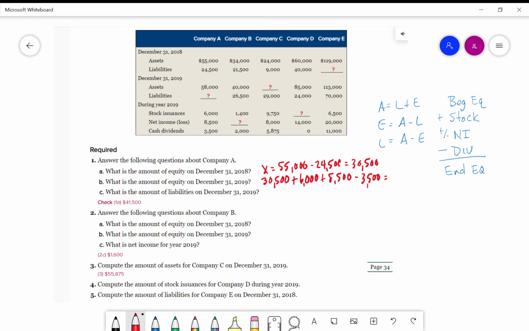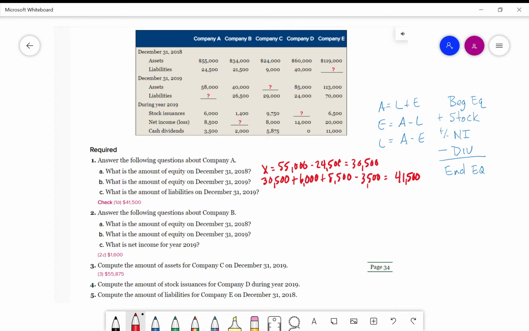If we perform that, 30,500 plus 6,000 is 36,500, plus 8,500 is 45,000, minus 3,500 is 41,500. This is our equity on December 31st, 2019. So we know that now.